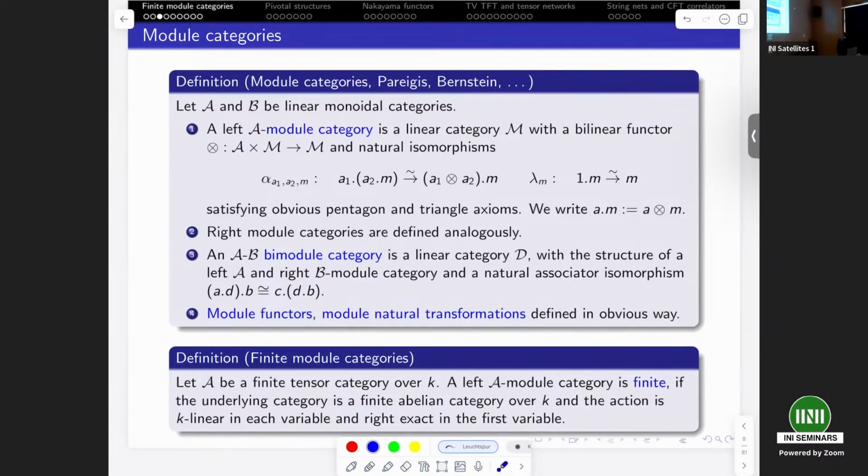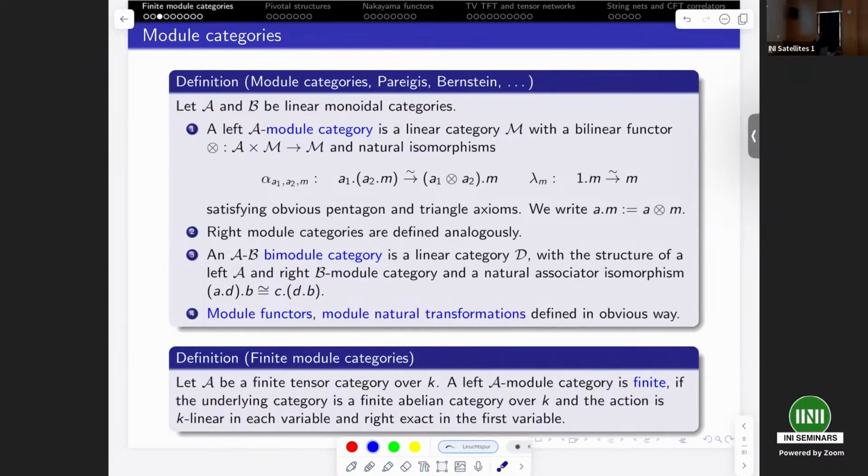Now, we call a module category finite if the underlying category is finite, and you require that the action is linear in each variable, and right exact in the first variable. That's enough to require. Anything else follows by using rigidity.